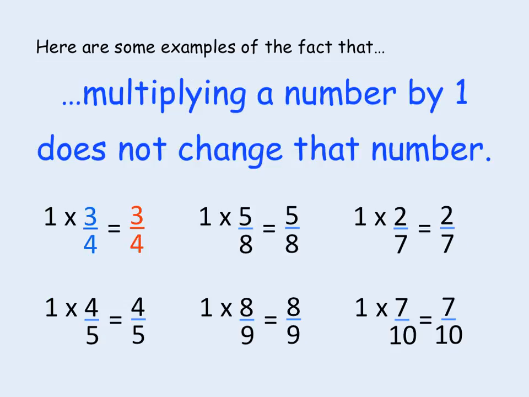Here are some examples of the fact that multiplying a number by 1 does not change that number. Works with fractions too. 1 times 3/4 is still just 3/4. 1 times 5/8 equals 5/8, and so on.